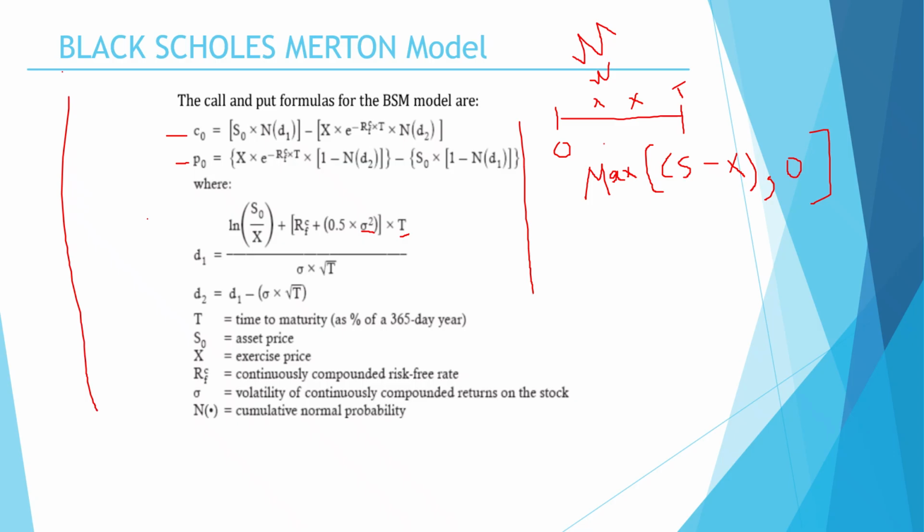Other factors are also like N(d1), which I will explain, which is called the delta, and the risk-free rate. So my point here is that what the Black-Scholes model does is that it incorporates all these factors into this formula to find the value of the call and the put option.